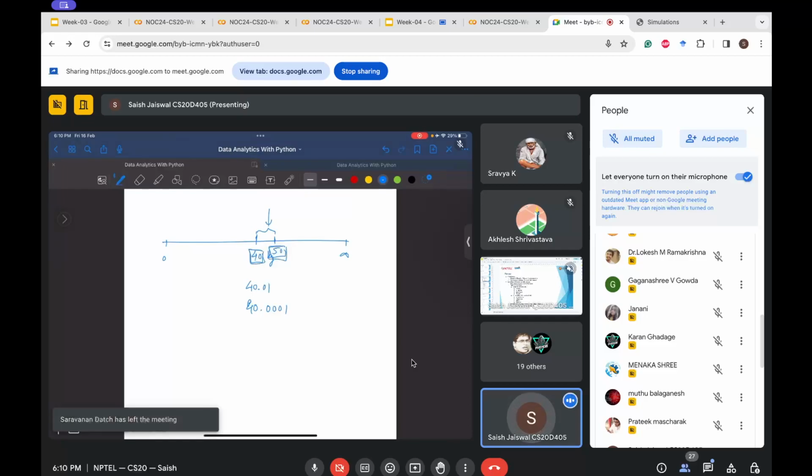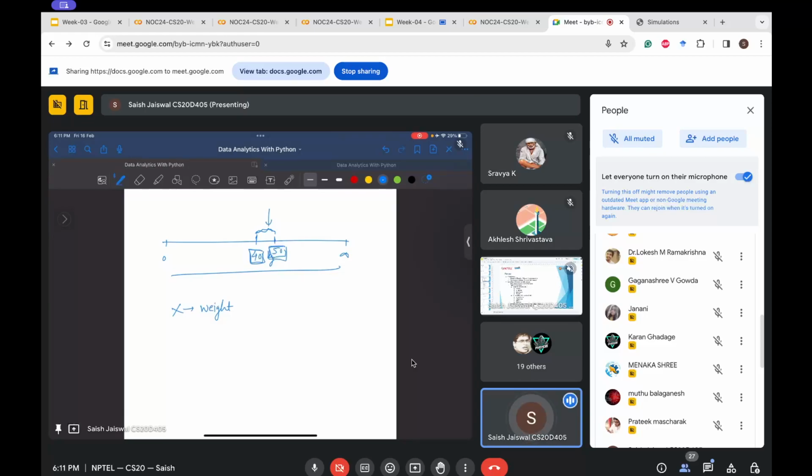The weight can be in between as well, like 40.05 or 41.111, anything. So the exact weight can be anything between 0 and infinity, and hence the nature of this random variable, which is weight, is continuous.